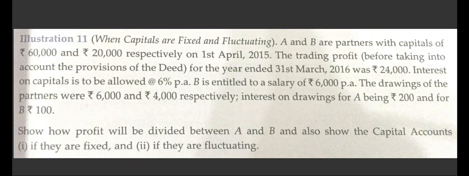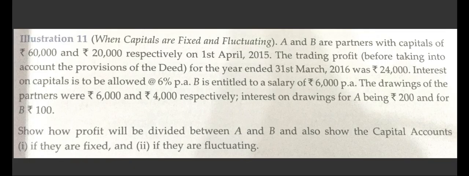Now what is the requirement? It says show how the profit will be divided between A and B. That means we have to prepare the profit and loss appropriation account. It says and also show the capital accounts if they are fixed and if they are fluctuating. So we have two different cases. We have to show the capital accounts under the fixed capital method and under the fluctuating capital method.